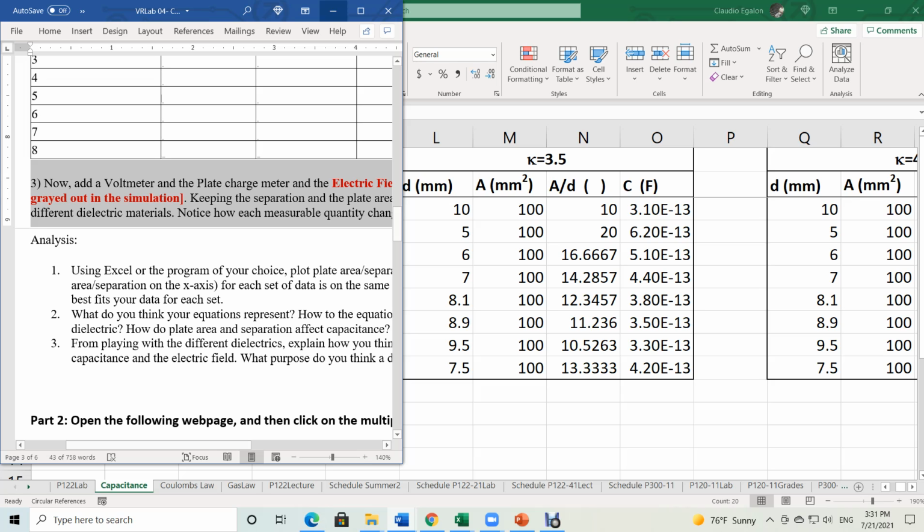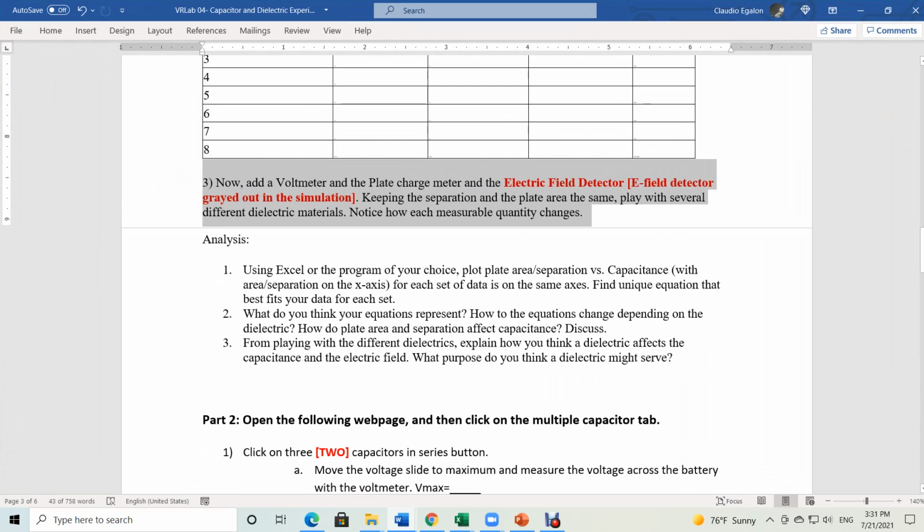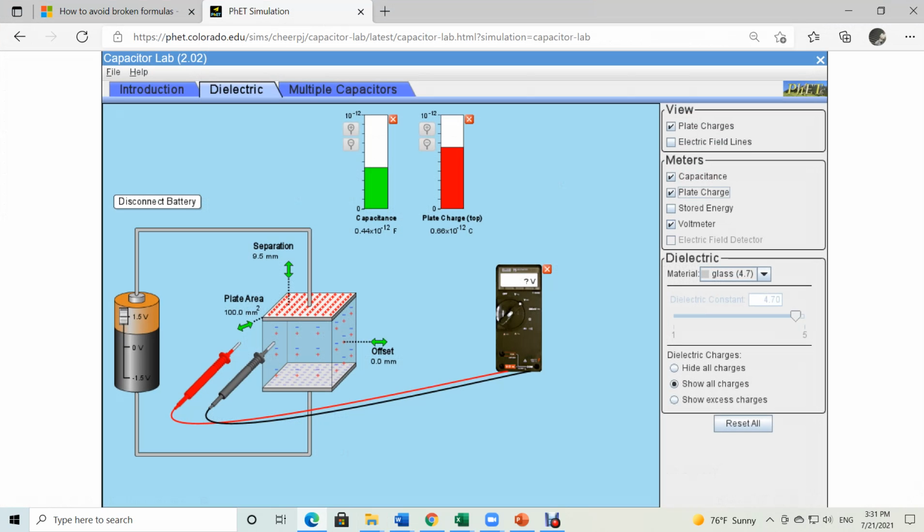How do you want me to play it? If the field detector is grayed out in the simulation, yeah, if it's grayed out, you cannot do anything about that. I do not know why it's grayed out. If you folks can figure out how to allow that, let's see, electric field line. Yeah, we cannot do much about that, right? But at least the plate charge is a measure of the charges, right?